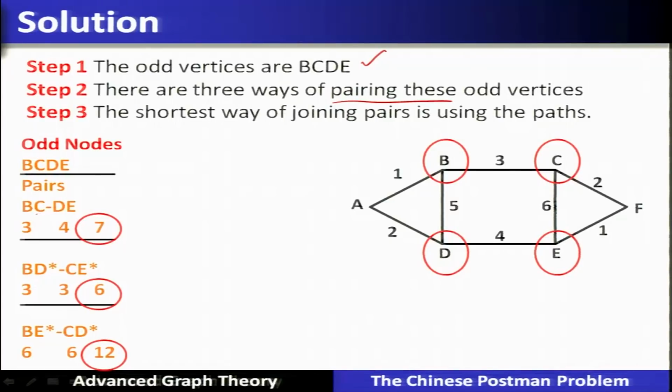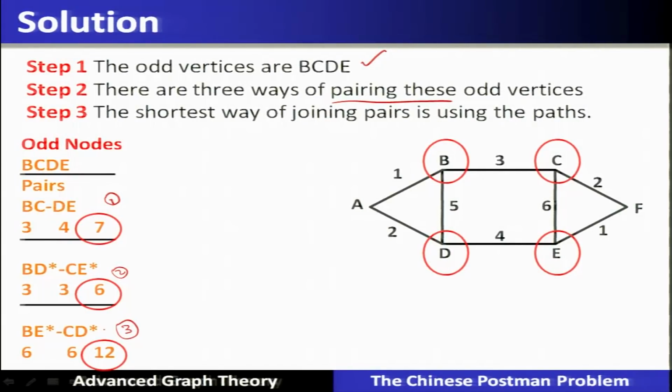The first is B, C and D, E. The second is B, D and C, E. The third is B, E and C, D. So, there are 3 different pairings possible.